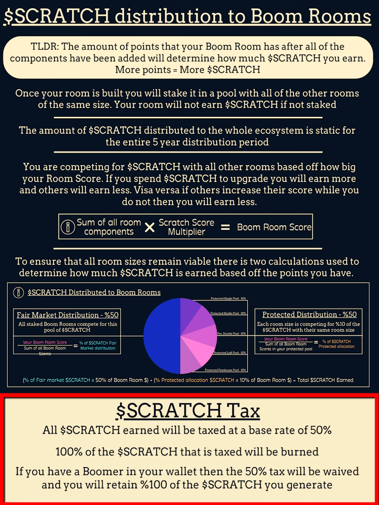This is to offset the negative pressure on the BoomerSquad ecosystem for those using our boom rooms but not holding any BoomerSquad NFTs. We won't go into the mechanism that detects this, as we do not want to encourage people to try and game the system. But trying to get around it will most likely result in a tax loss of your generated scratch. Your safest bet is to always keep a boomer in your wallet.